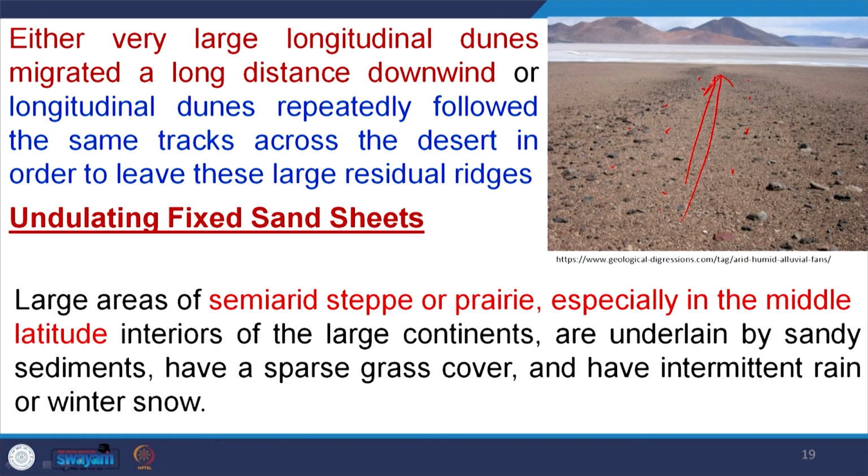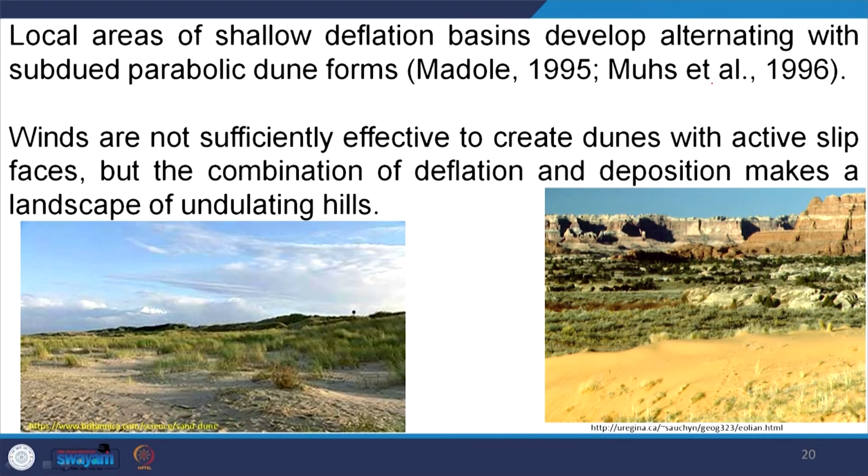Larger areas of semi-arid steppes and prairies, especially in the middle latitude interiors of the large continents, are underlain by sandy sediments, have a sparse grass cover and have intermittent rain and winter snow, and those regions are mostly responsible for this type of topography. Local areas of shallow deflation basins develop alternating with subdued parabolic dune forms.